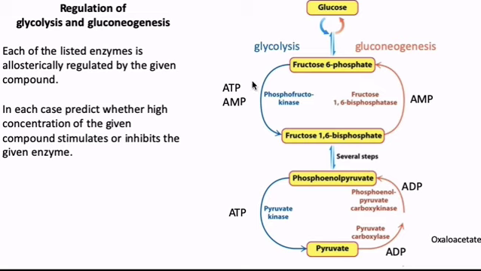For example, ATP binds to phosphofructokinase in the active site and is a substrate. But in addition, there's a different, allosteric site on phosphofructokinase that binds to ATP, and the binding to the allosteric site induces a conformational change that affects the activity of phosphofructokinase.